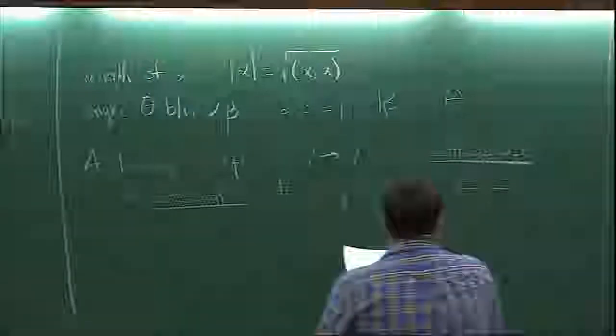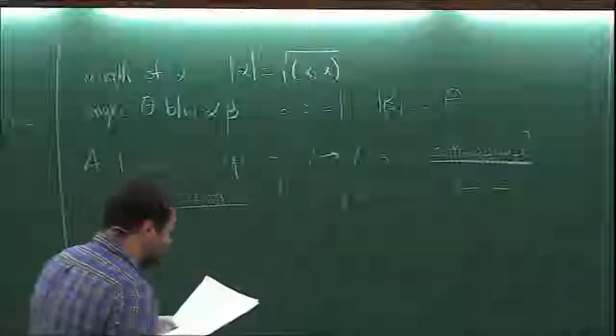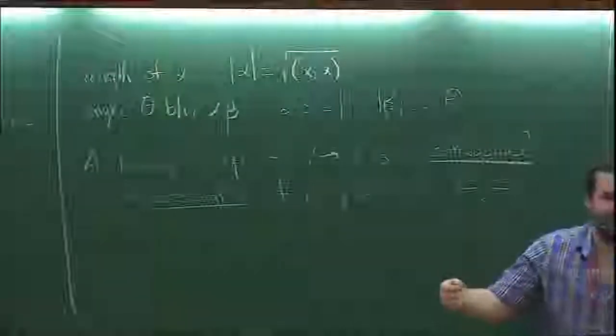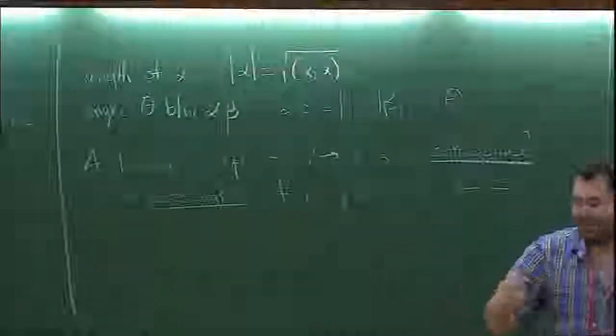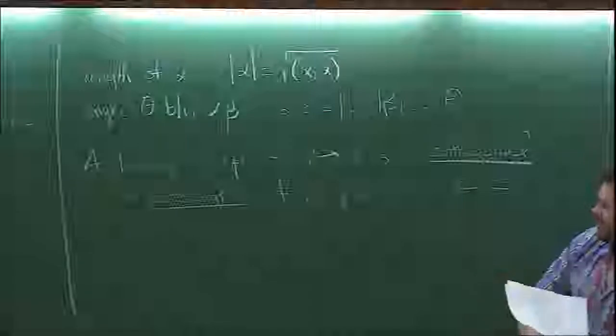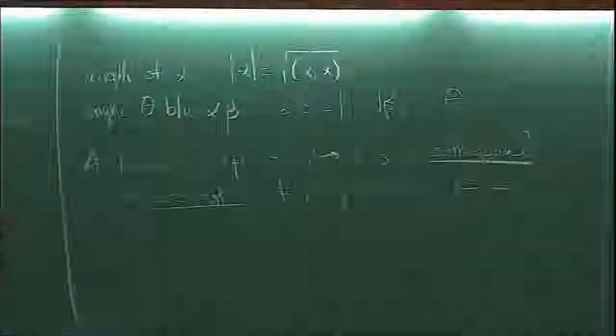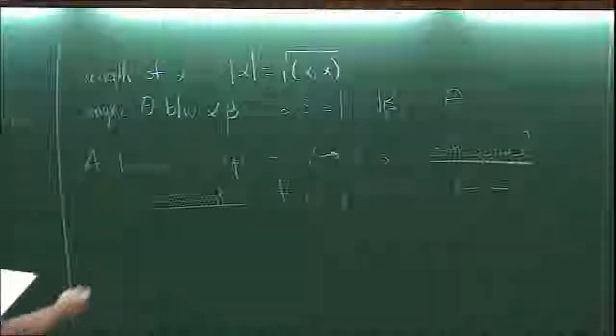So this means that phi of A comma B is the same thing as taking the bilinear form and then taking the map, is the same thing as taking the map and taking the bilinear form.